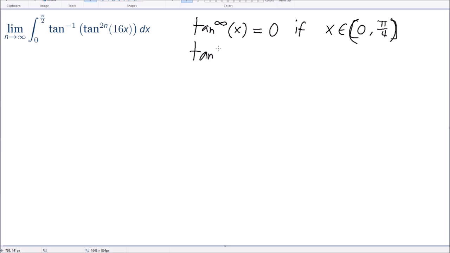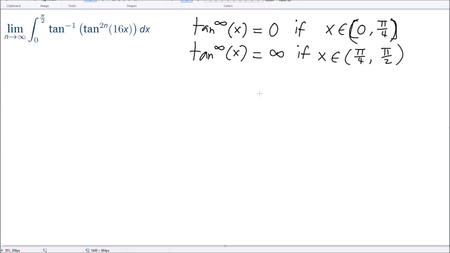If it's anywhere else, it's going to equal infinity if x is between pi over 4 and pi over 2. Because then it's above 1, and when it's above 1, it goes to infinity.